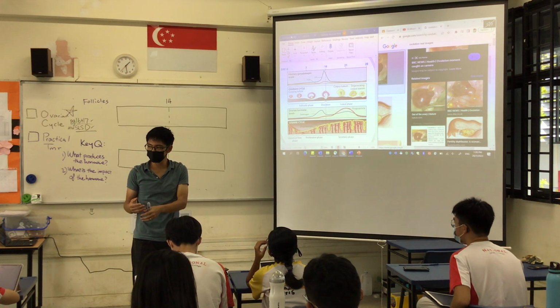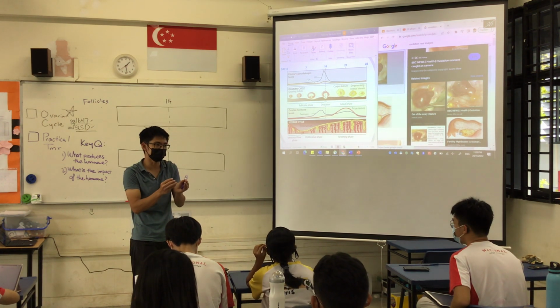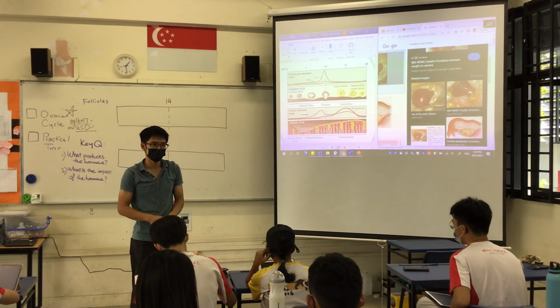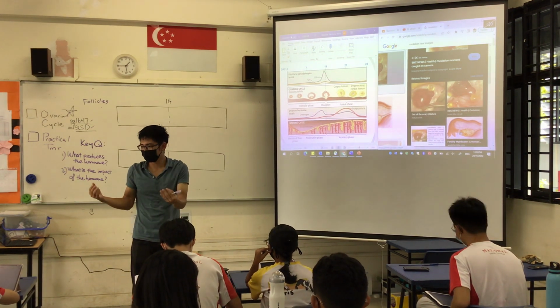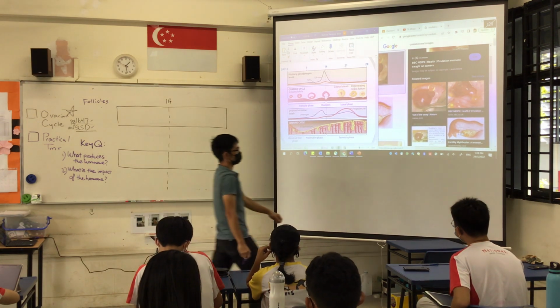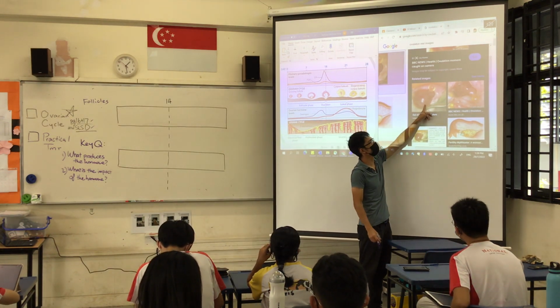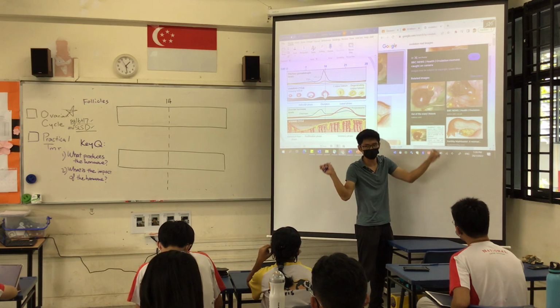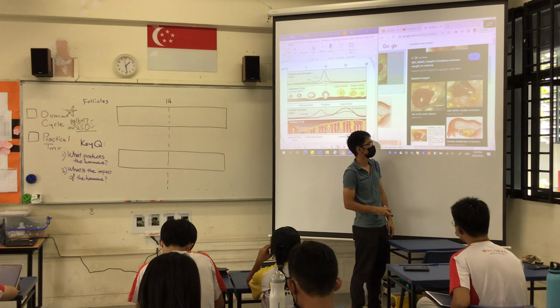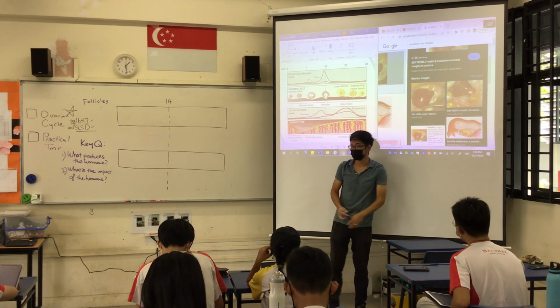But every month, a few of these eggs will start to develop even further to reach maturity. But they don't develop out in the open. It develops inside a structure called a follicle. That's what you see here. Here is a developed follicle just about to burst. The bursting process is called ovulation. Okay, so that's what we're going to look at in a while.